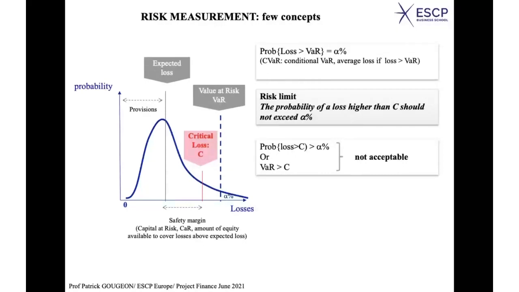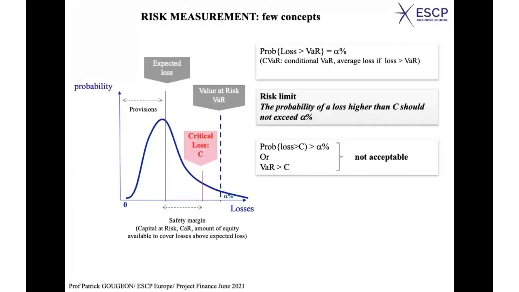If the value at risk is above my limit, it means that the probability of a loss higher than my limit is higher than 1%. So it's not acceptable. That's the way you use the value at risk. You compare it to a risk limit.